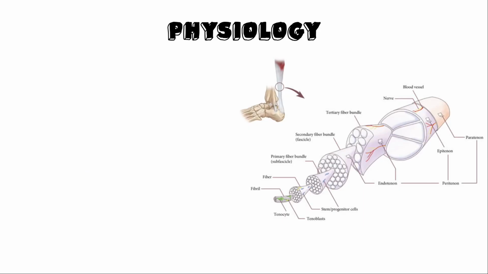So in terms of physiology, this is the Achilles tendon located in the lower leg, and the structure of the tendon is divided in cells and cables, which we call fascicles or fiber bundles. These in the end, they have complex structures.